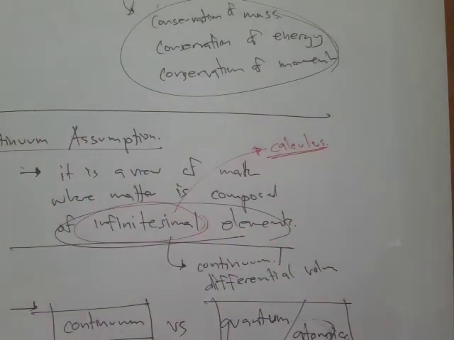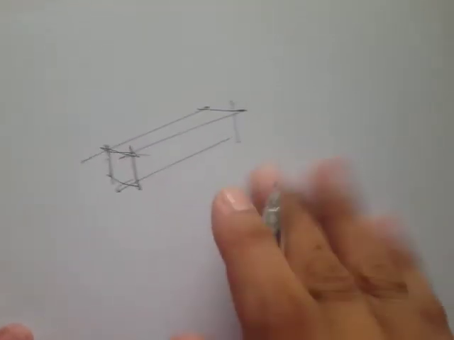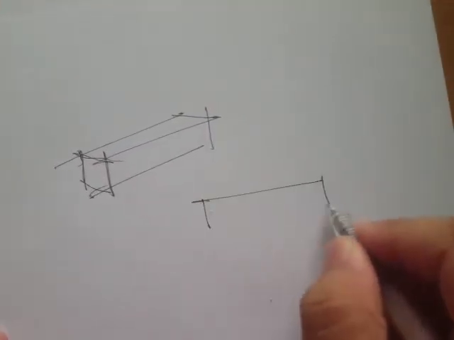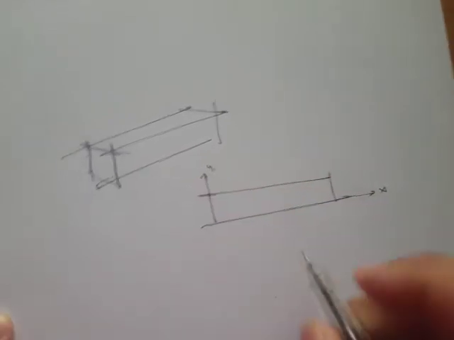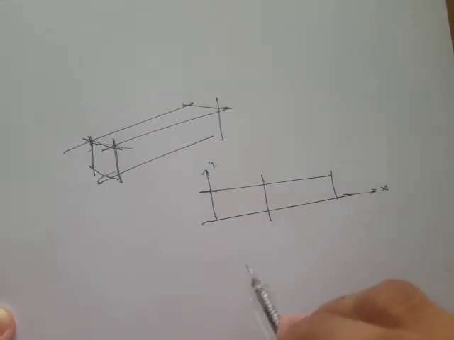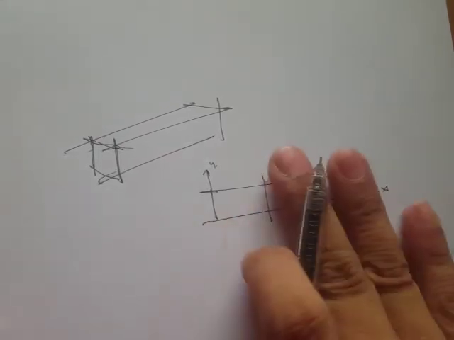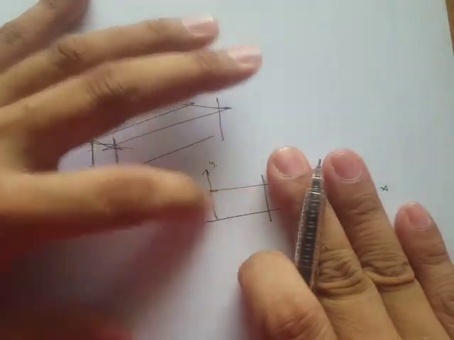Okay, so the concept of these infinitesimal elements is that, for example, I have a steel, right? Let me draw it in one view. So let's say this is X, this is Y. If this is steel and I try to cut it in half, divide it in two, my question is, what is the composition of this half?